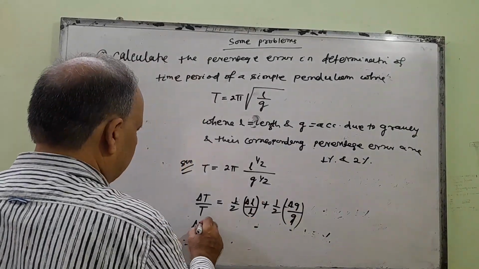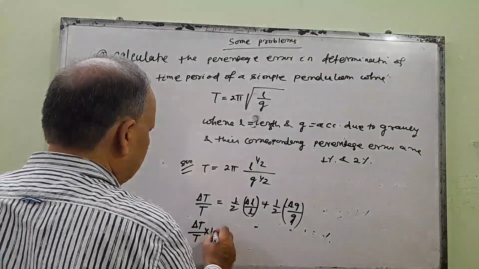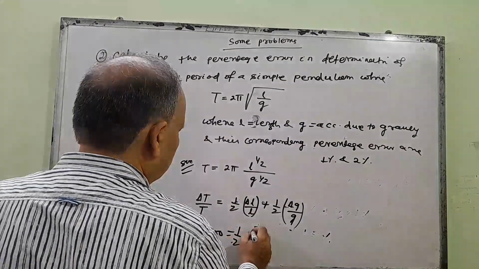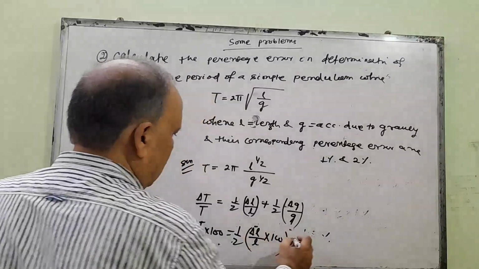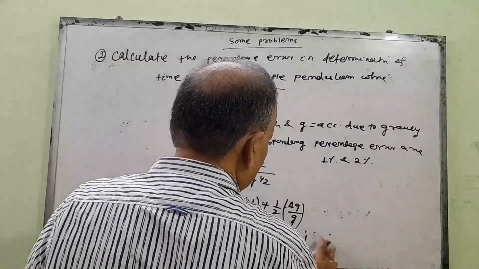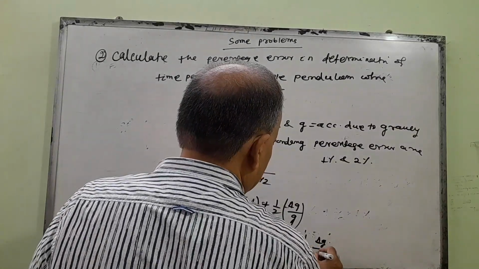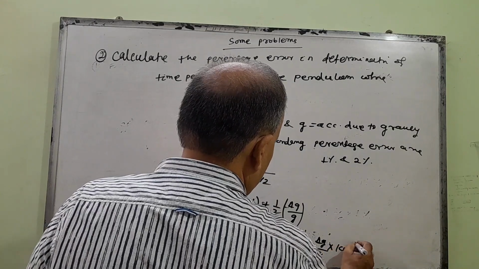So delta T by T into 100 is equal to half into delta L by L into 100 plus half into delta g by g into 100.